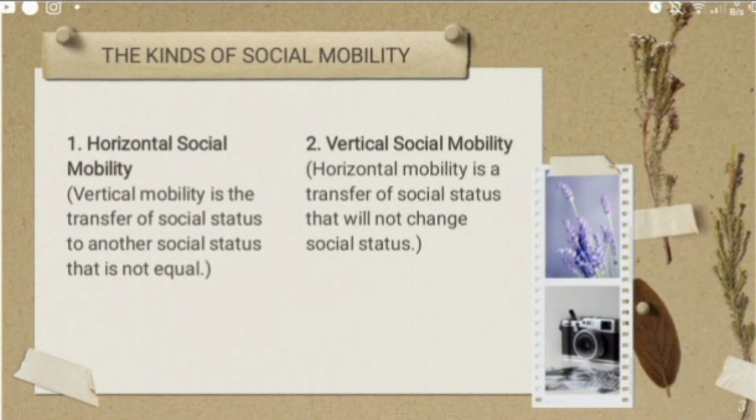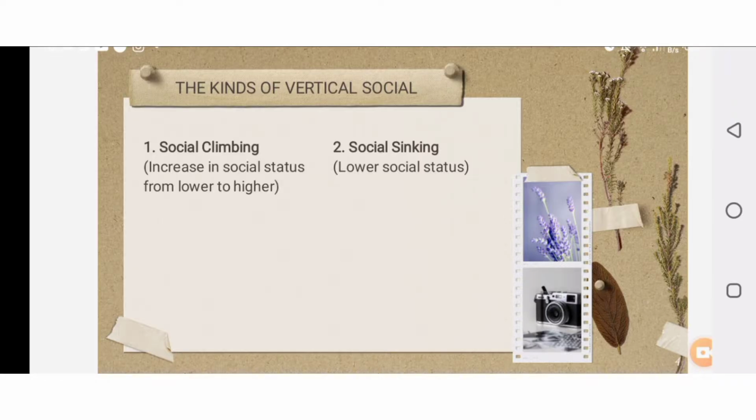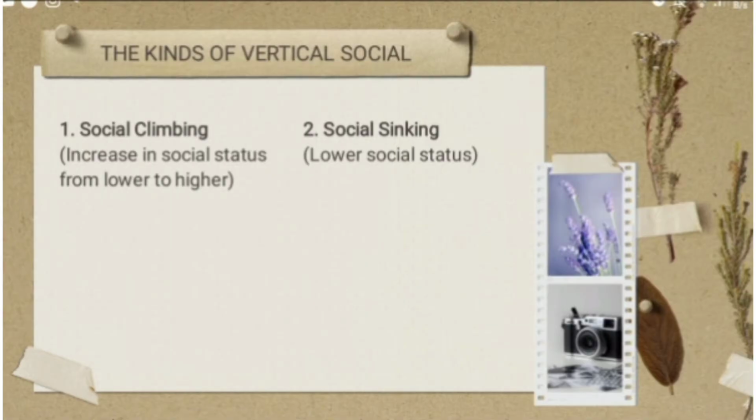For vertical social mobility, there are two kinds: social climbing and social sinking. Social climbing is an increase in social status from lower to higher. Social sinking is a lowering of social status.